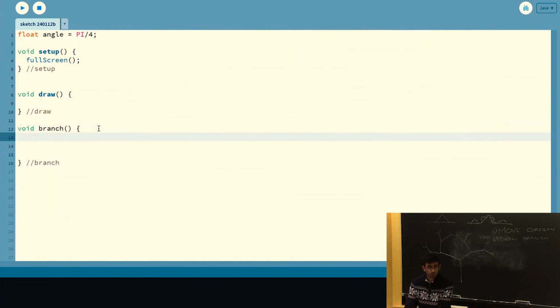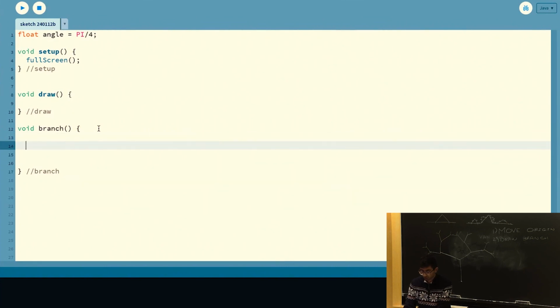The first thing that we want to do, though, is go ahead and draw our branch. And really all drawing a branch means is just drawing the length of it, right? And so we just want to draw a line. Remember we've been talking about this in terms of the origin. We always move where our origin point is. So we'll start from our origin, and we just want to draw a straight line up, right?